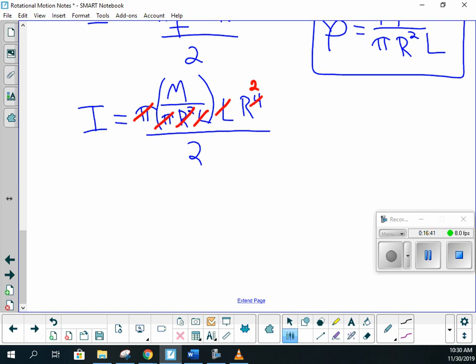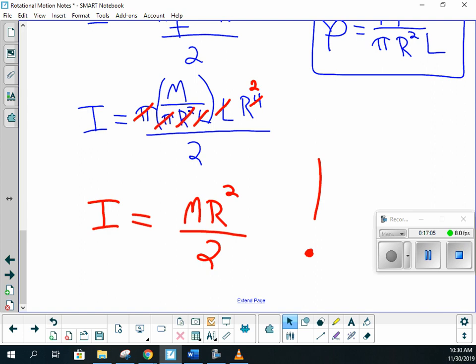So this will leave us with I is equal to capital M r squared over 2. We did it! We ended up with the mass of our whole cylinder times the radius of our whole cylinder squared divided by 2, or 1/2 mr squared.